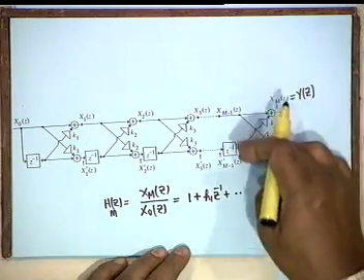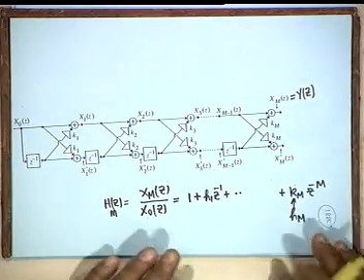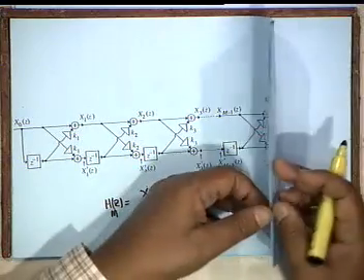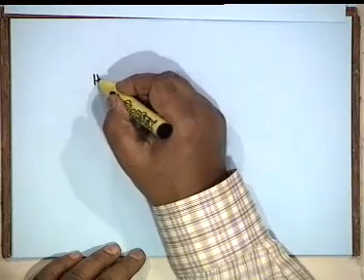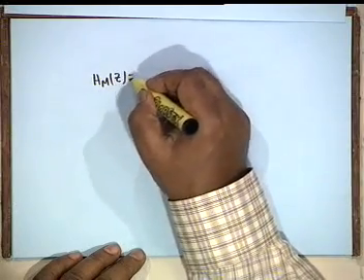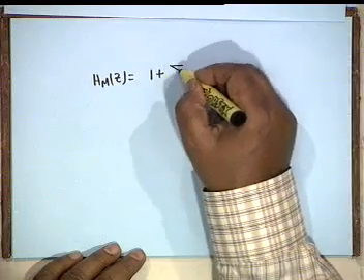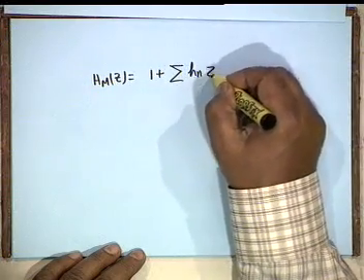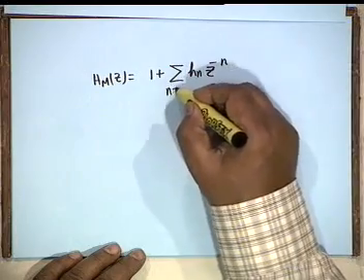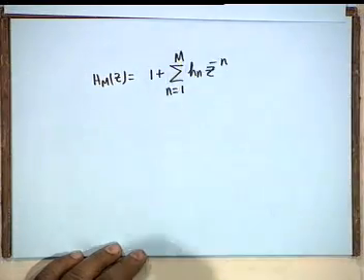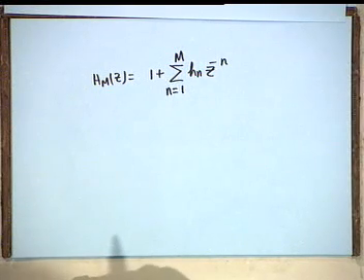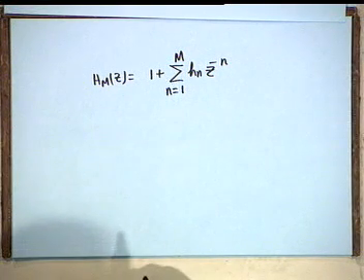Km, the parameter of the last lattice, is equal to Hm. But let us start with this, and therefore, we say that our desired transfer function Hm of z is equal to 1 plus the summation of Hn z to the minus n, n equal to 1 to capital M. This is what we wish to synthesize.